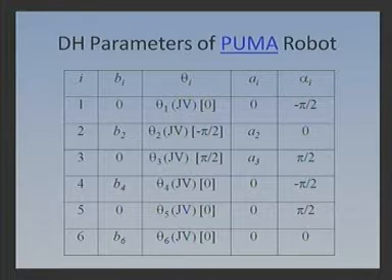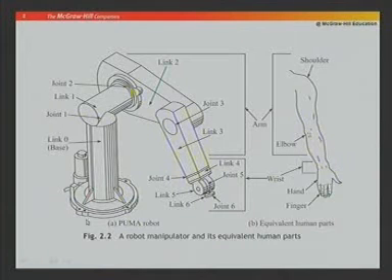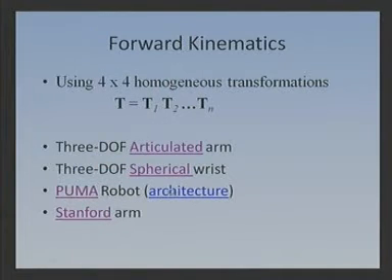So, now we need to do the thing for Puma robot. Puma robot I have showed you. If you want to see again, I will show you again. So, this is our Puma robot, and now I will show you after putting its coordinate frames.